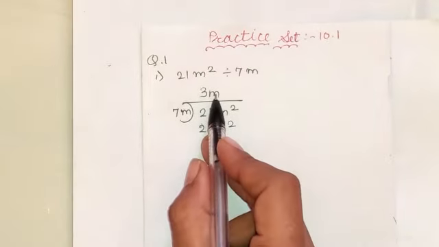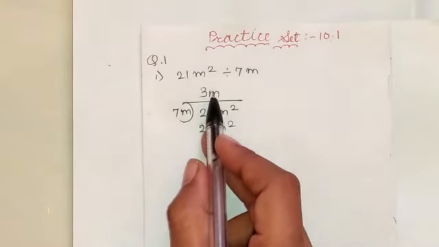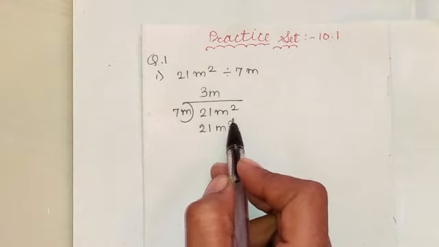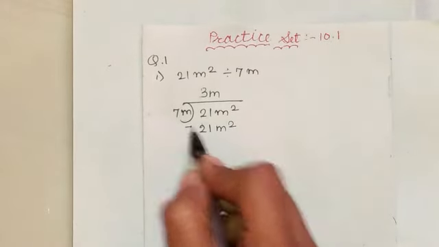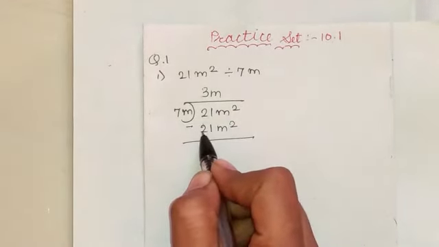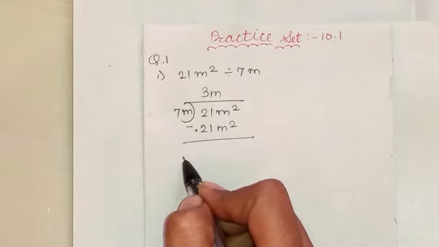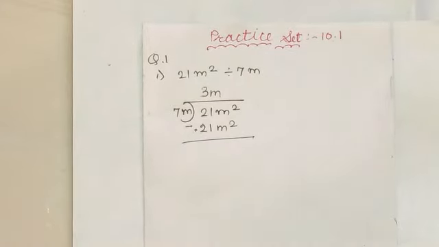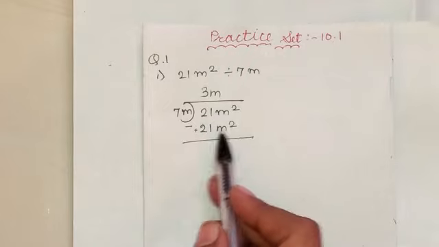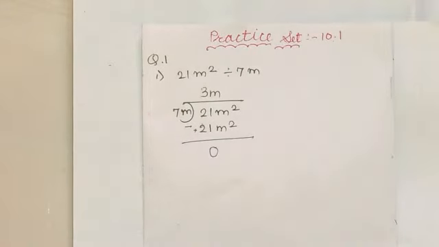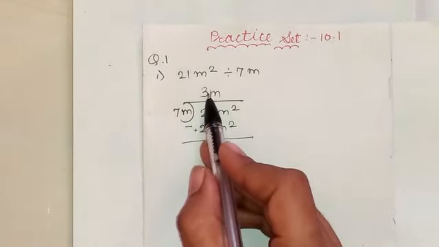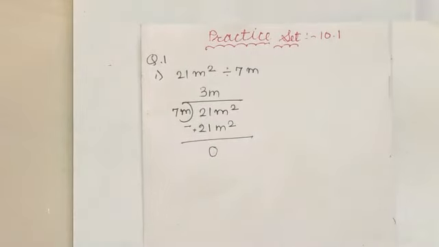One time m and second time m, 1 plus 1 is 2, it means m raised to 2. Now we have to minus it. Now this 21 is having plus symbol, right? So 21m square minus 21m square, the remainder will be 0 and our answer will be 3m.